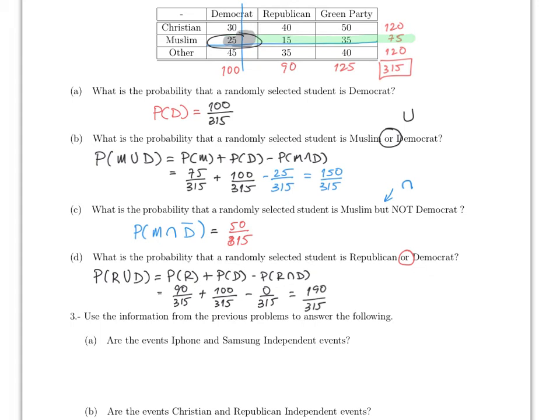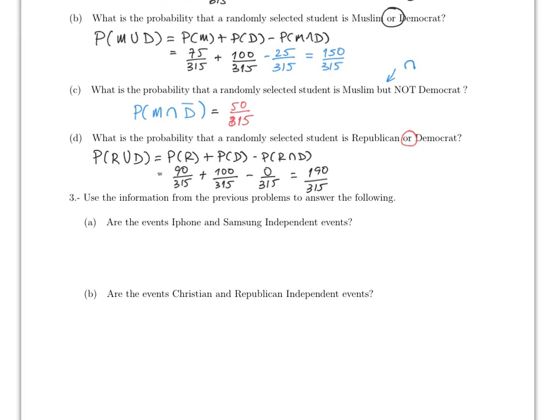And that's it. Now, the last thing has to do with independence. Remember that for something to be independent, all you have to check is the probability of the intersection, which is the sad face. So if this is equal to this, and for this we're going to need a calculator probably. If this is true, then the events are independent. If this is not true, they are not independent.